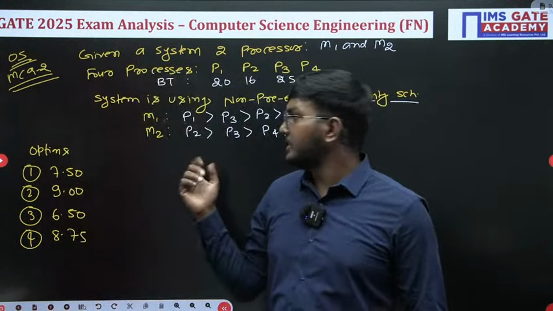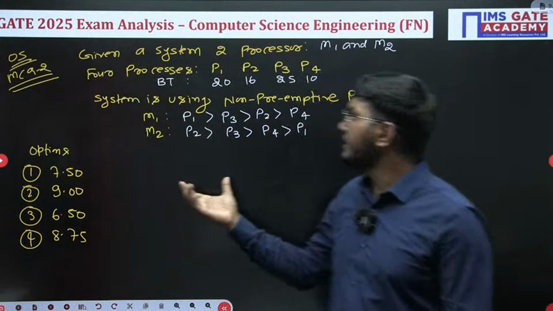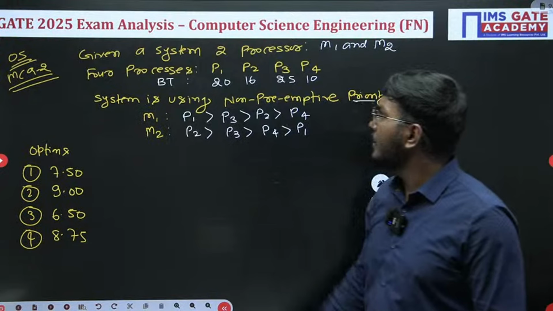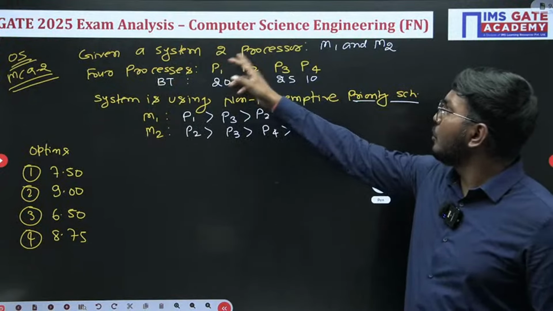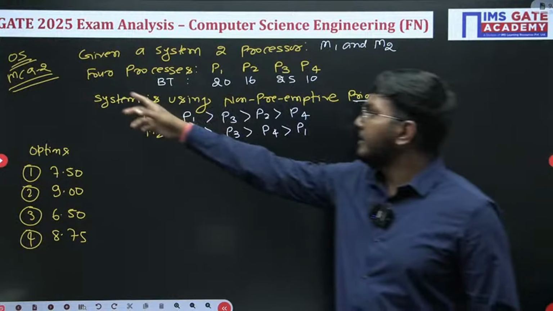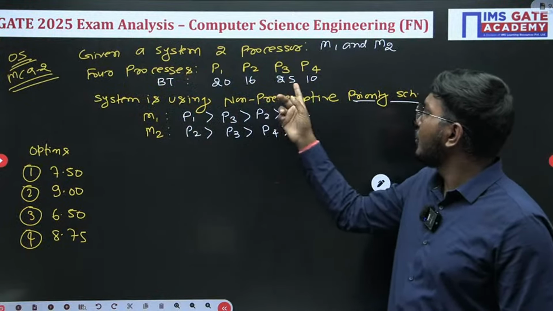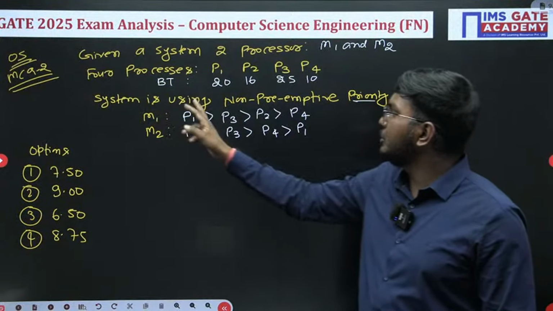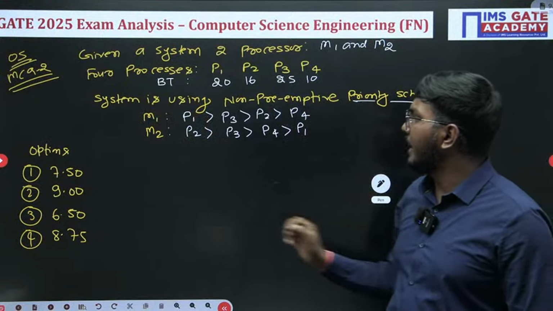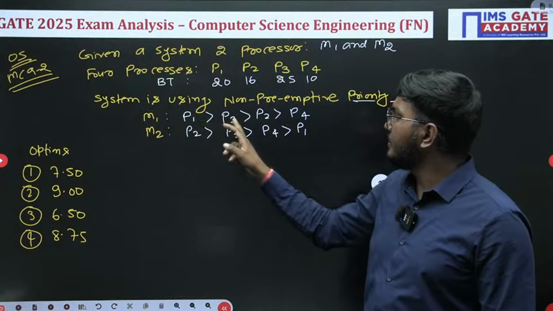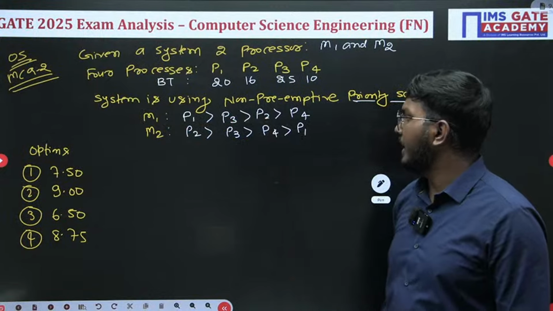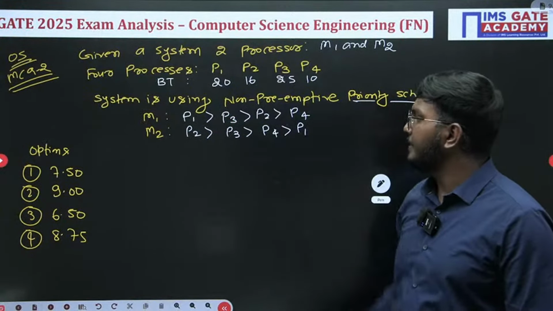Okay, so I was discussing this question. It was given in the MCQ 2 marks OS section. We are given a two-processor system, M1 and M2, and 4 processes P1, P2, P3, P4 having burst times 20, 16, 25 and 10, and the system is using non-preemptive priority scheduling. M1 has the priority P1 greater than P3, greater than P2, greater than P4, and M2 has the priority given here.